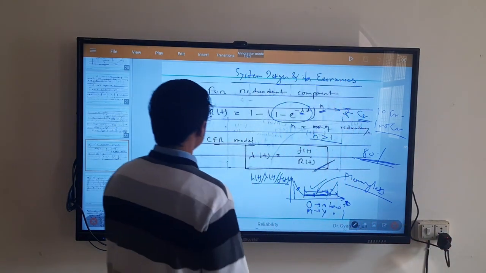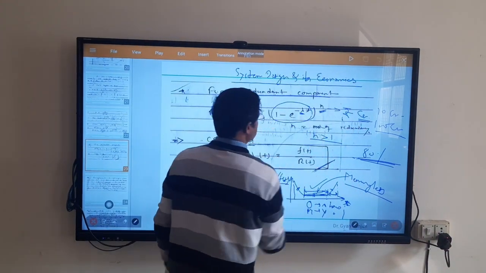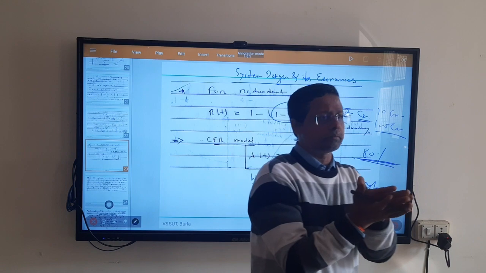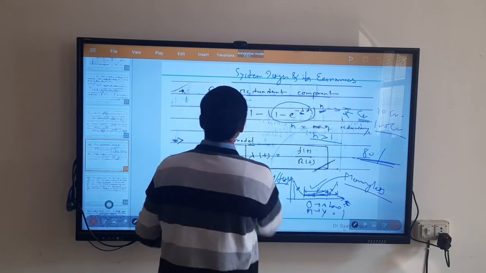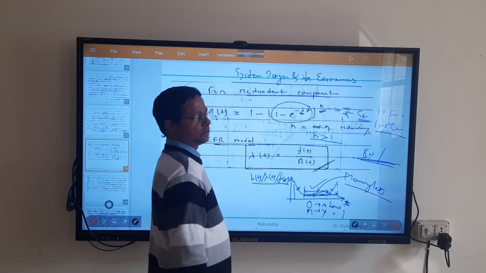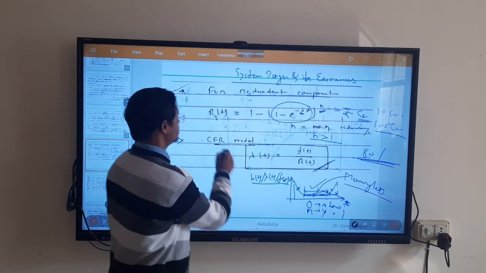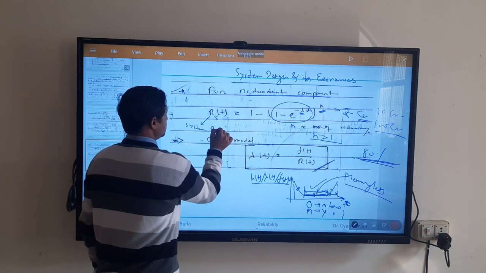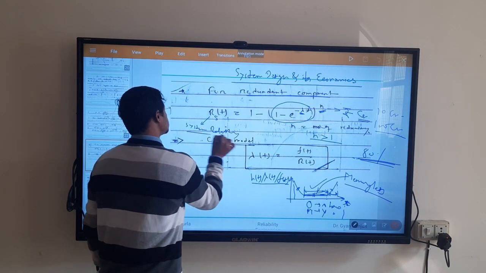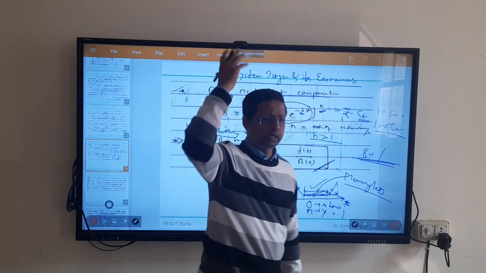So now if I talk about redundancy, that means a combination of two components, or maybe a combination of 200 components. This R(t), can I treat it as R_S, where R_S stands for the system reliability? Remember, the simplest combination will be 2, but it can be any number.